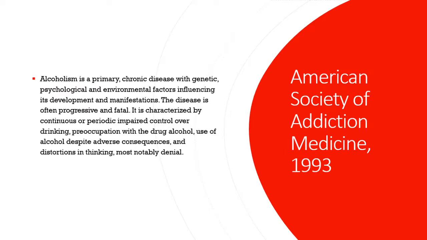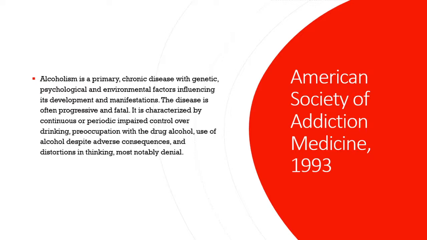In 1993, the American Society of Addiction Medicine came up with the definition: alcoholism is a primary chronic disease with genetic, psychological, and environmental factors influencing its development and manifestations, the way it shows on the individual and the way it presents itself in the world. The disease is often progressive and fatal.